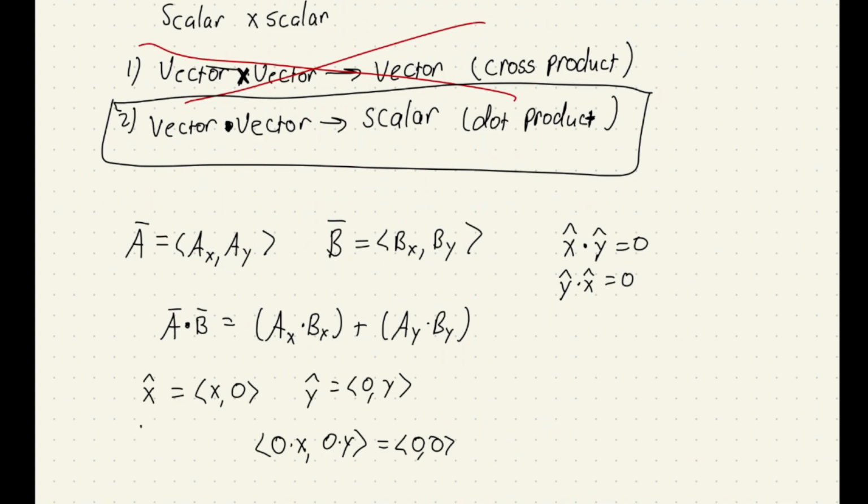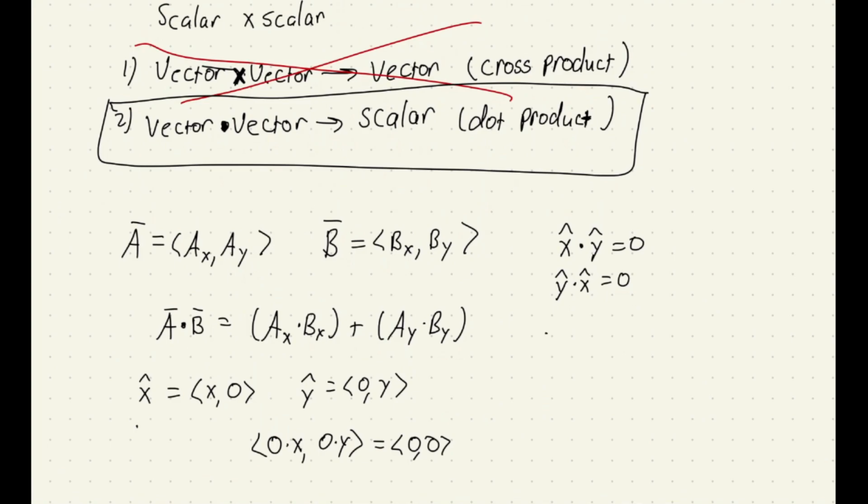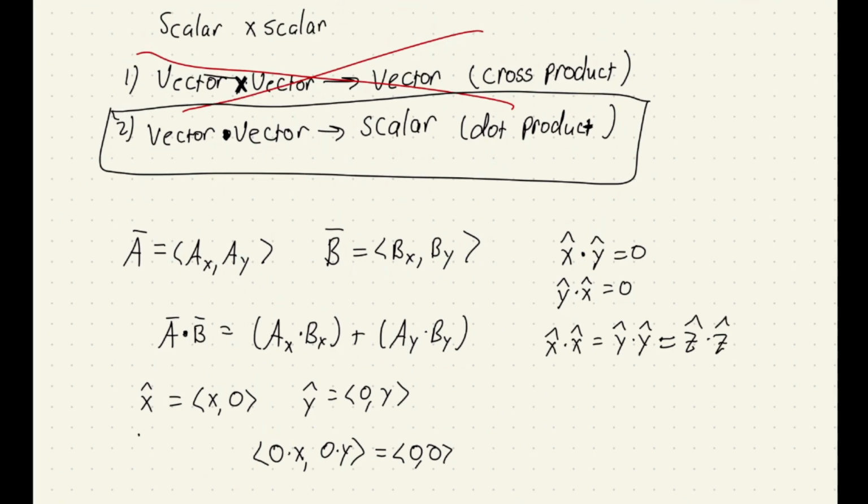So anytime I have a dot product between two unit vectors, things with the hats on them, I will get 0, unless I dot x hat into x hat, or y hat into y hat, or if we're working in 3 dimensions, we could do z hat dotted into z hat. This will give me a scalar, because it's a dot product, it will be equal to 1.